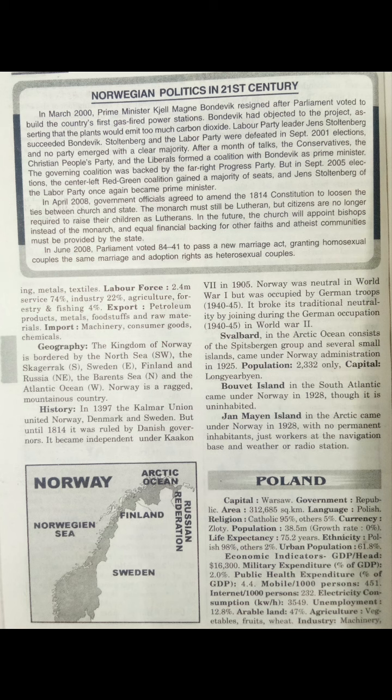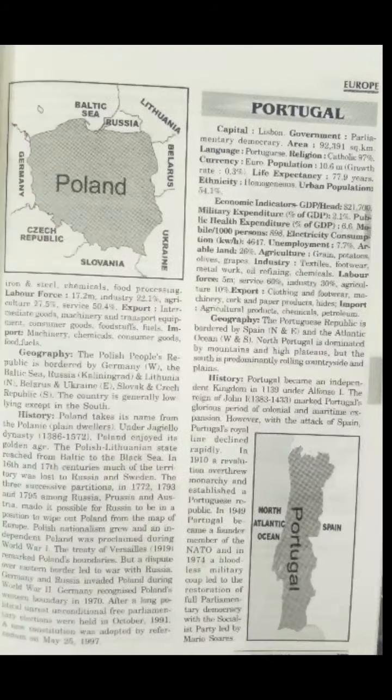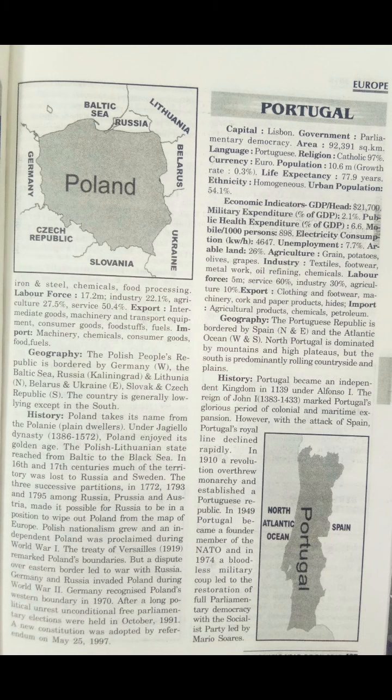Arable land is 47%. Agriculture: vegetables, fruits, wheat. Industry: machinery, iron and steel, chemicals, food processing. Labor force 17.2 million. Exports: intermediate goods, machinery and transport equipment, consumer goods, foodstuffs, fuels.